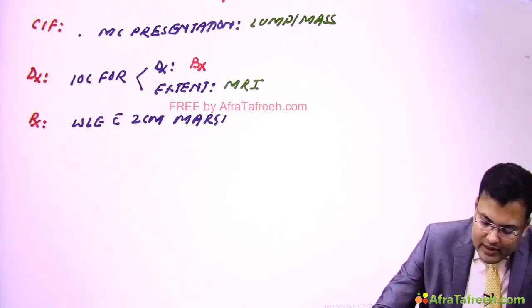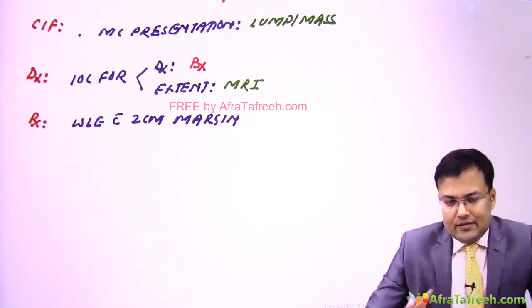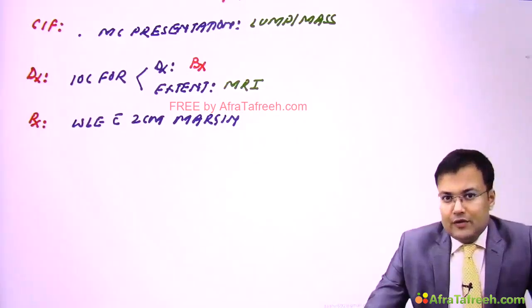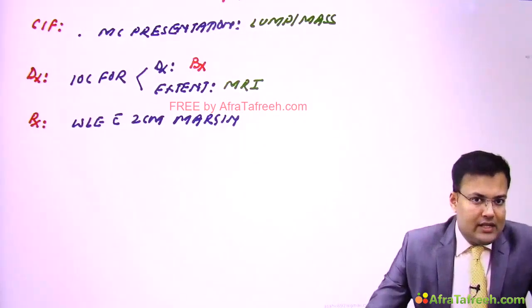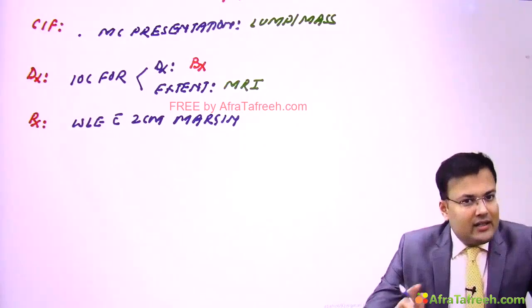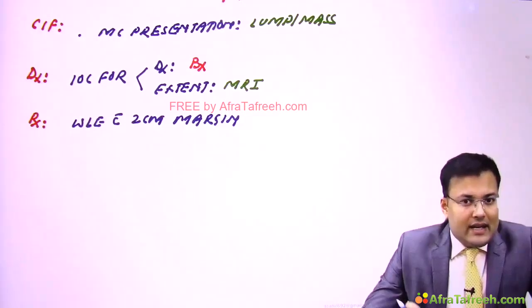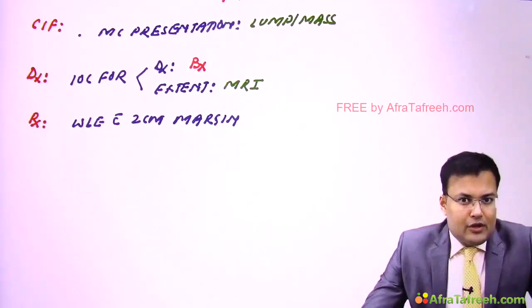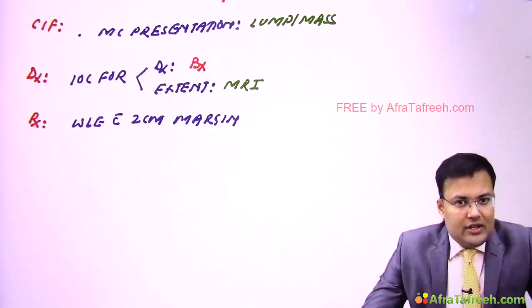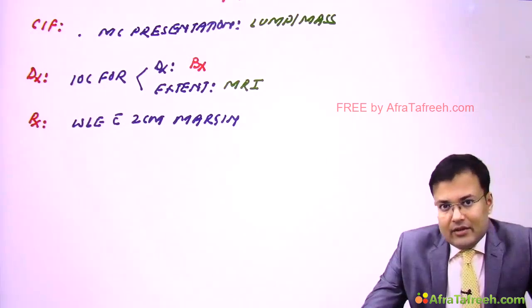Okay. Now see, in exams 2 questions are asked. First, what is the treatment of choice for desmoid tumor? That is wide local excision with 2 cm margin. And the second question asked: what is the treatment of recurrent desmoid? In that case we go for surgery, and with surgery we give radiotherapy.